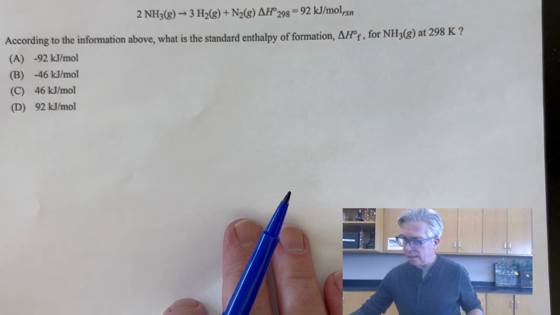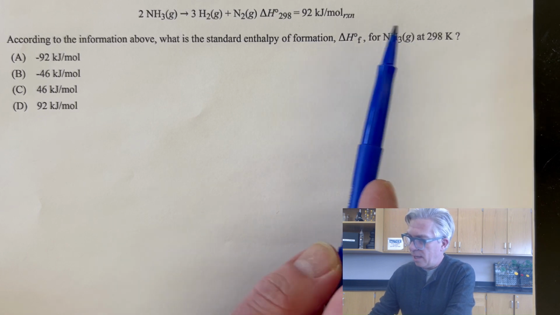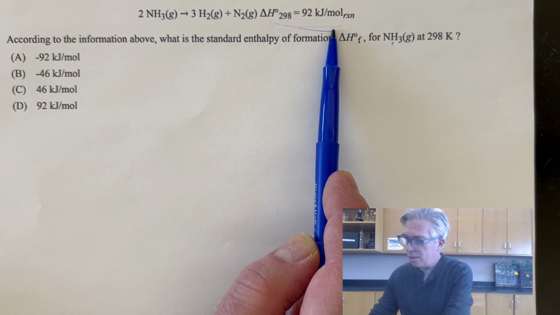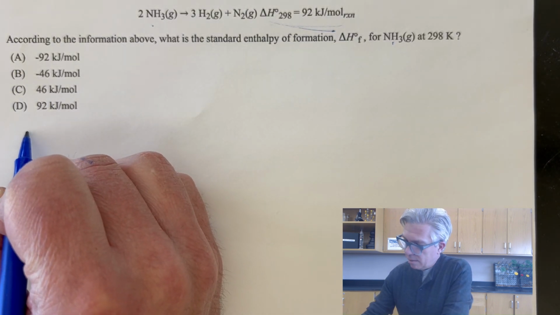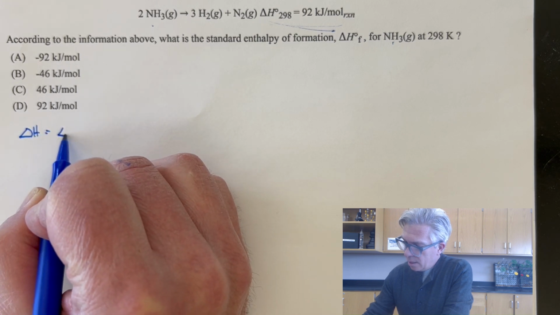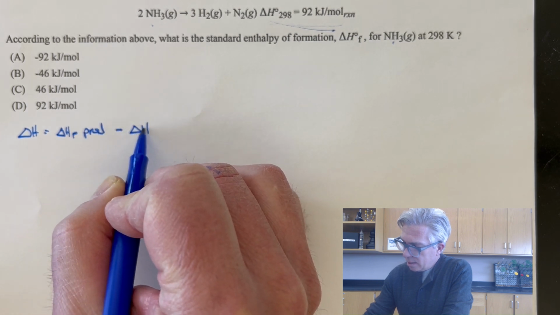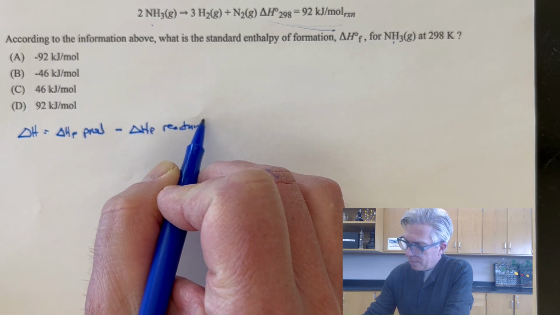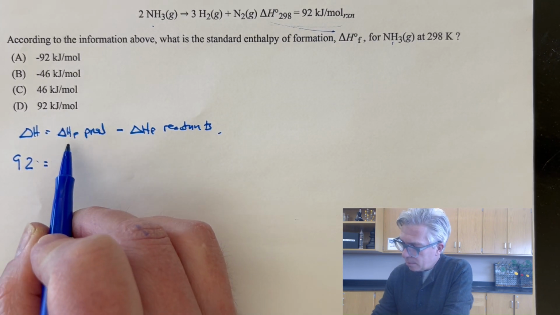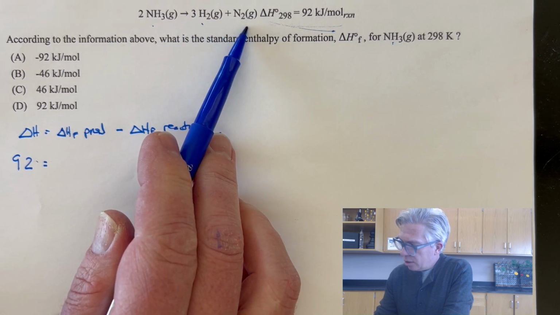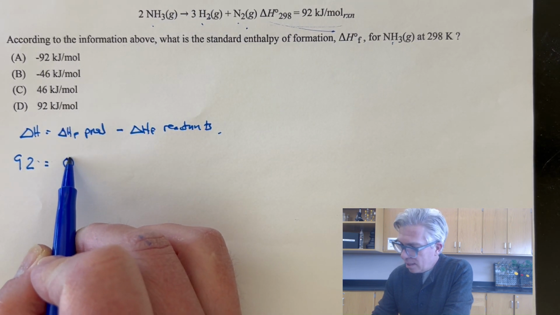And our last question. According to the information above, what is the standard enthalpy of formation for NH3 at 298? They give us the overall delta H, and they want the enthalpy of formation of this one. So remember that the overall delta H is equal to delta H of the products minus delta H of the reactants. We know what the delta H is, 92. The products are hydrogen and nitrogen. Those are elements. Those have, by definition, 0 enthalpy.